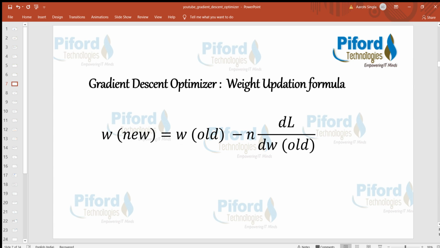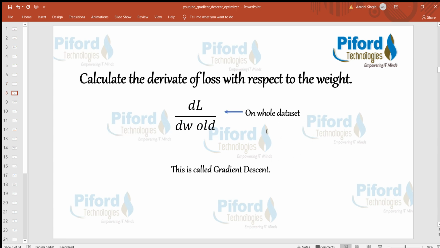So over here, this dL by dW is basically gradient descent. We are talking about the gradient descent optimizer. What is that gradient descent technique actually?